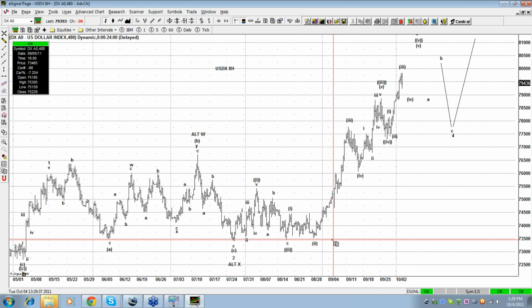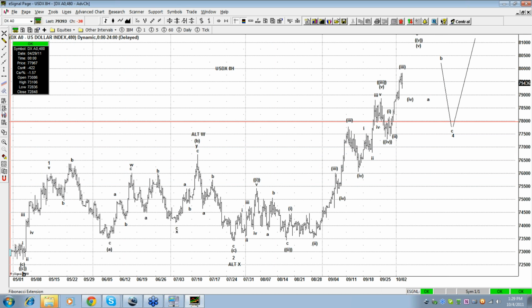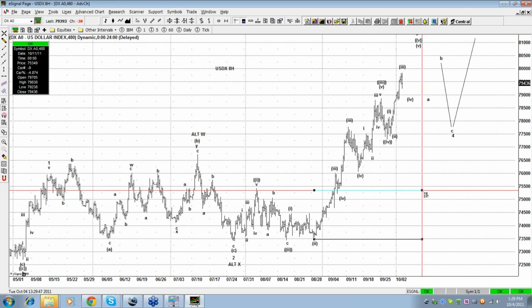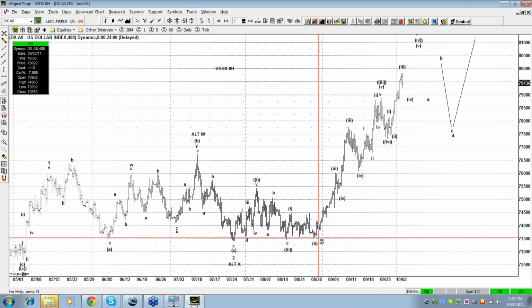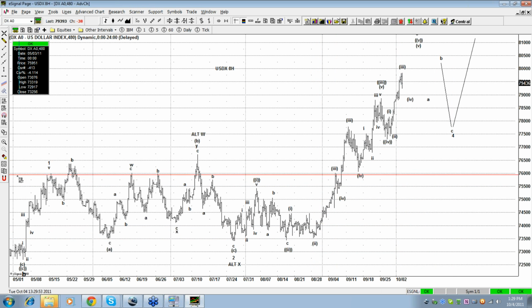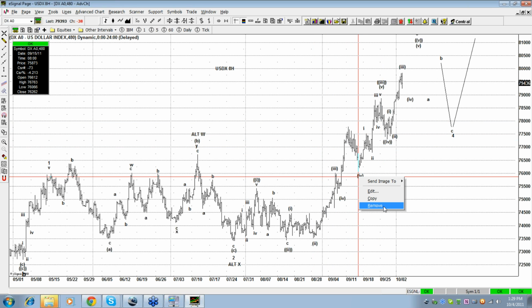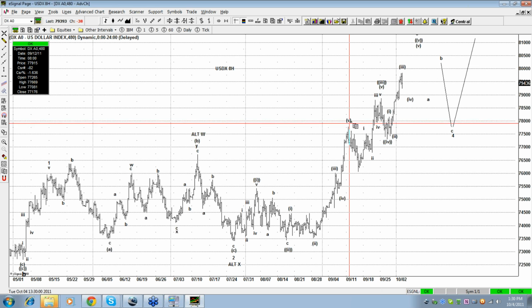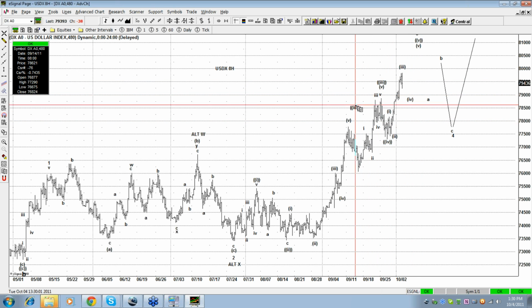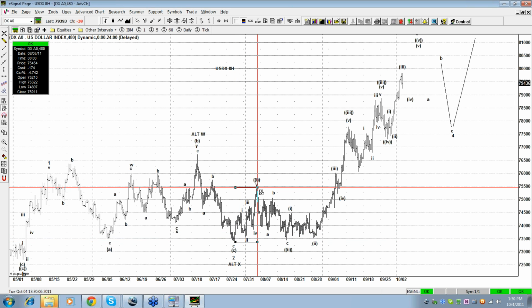Perfect. And then these 3, it can go down to here. This 4 can go down to here. You guys can see. 23.6 right there. And then this goes from here. This goes from here. Then this goes right here.